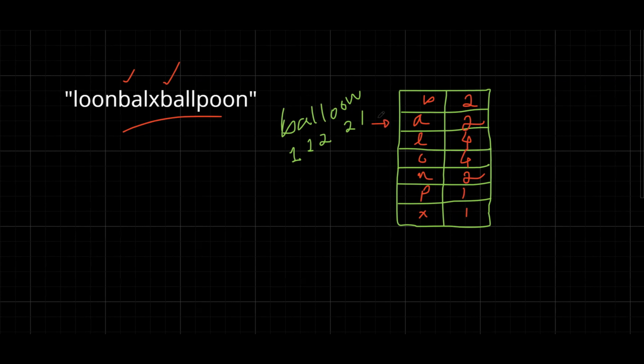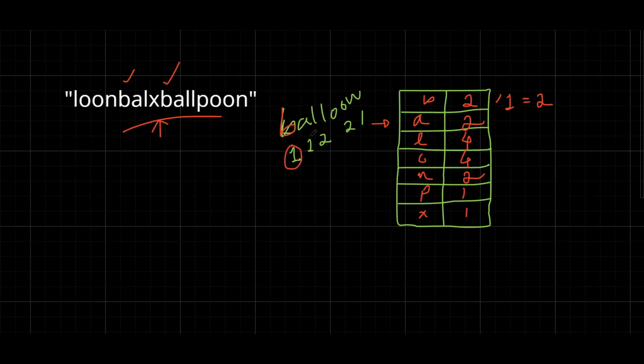At first, the first character of balloon is B. So let's see, in this test case, how many instances of B we can get if I want to make the word balloon. The frequency of B is 2, and the frequency of B in the word balloon is 1. So if we divide 2 by 1, then we can take 2 instances of B, where both of the B can be used to make the 2 balloons.